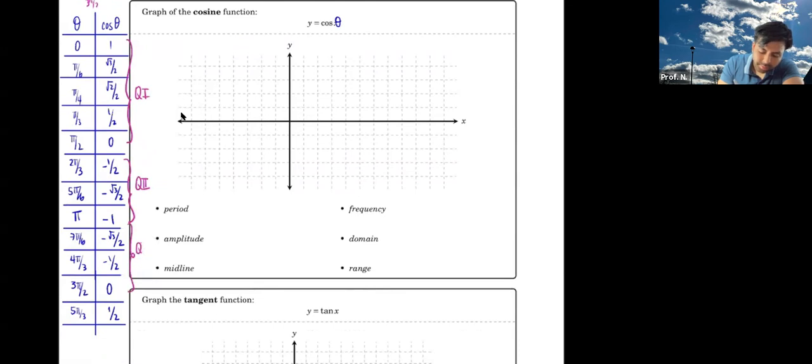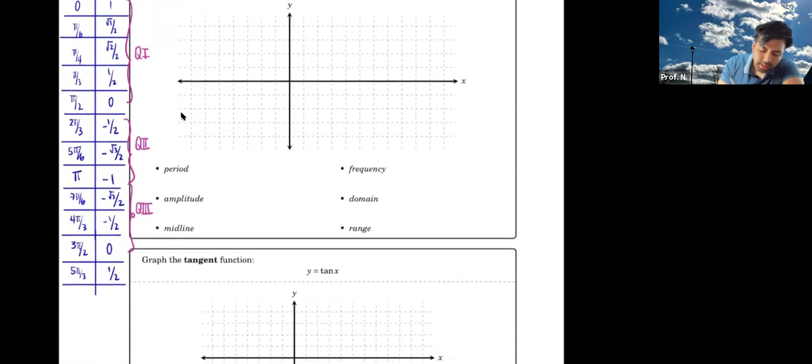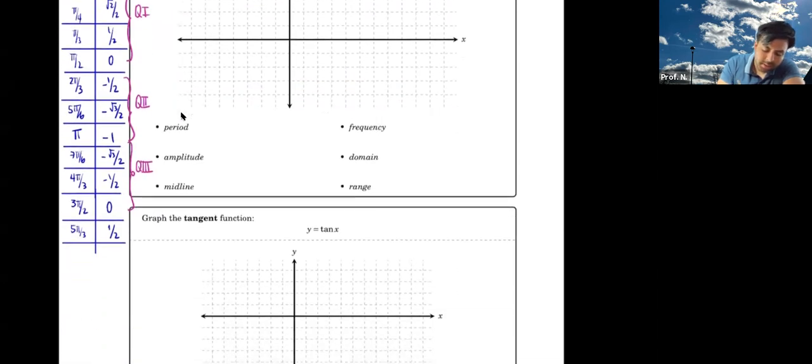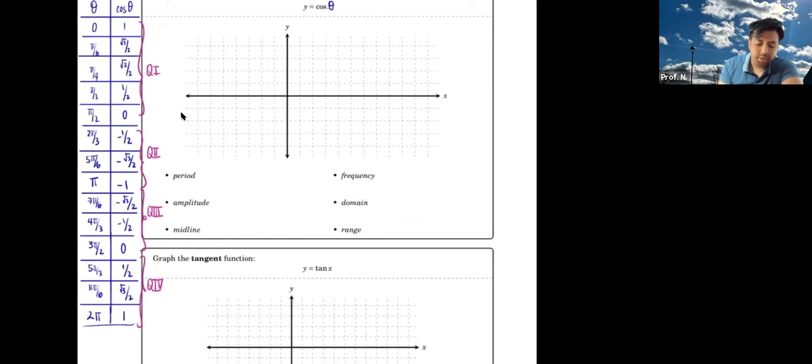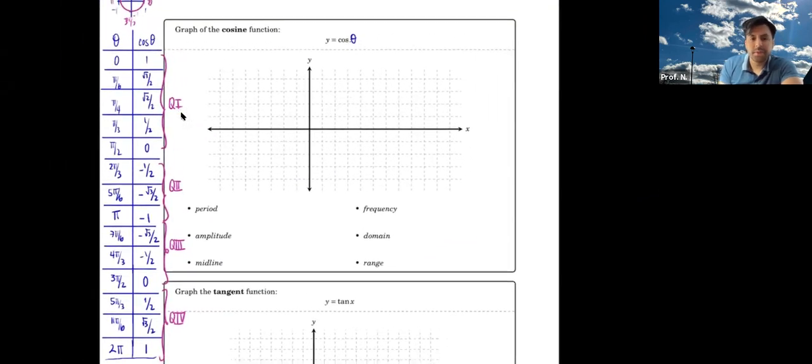And then 5 pi over 6, and then I get to 11 pi over 6. This becomes rad 3 over 2. And then finally, this is quadrant 4, when I make one full revolution, I start back at 1. So these are the values for cosine as I traverse the unit circle counterclockwise.